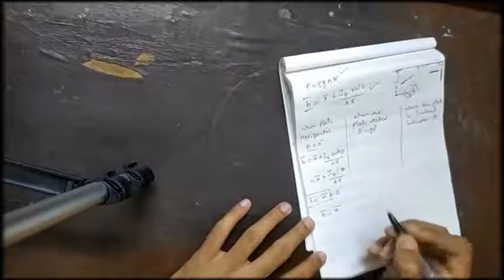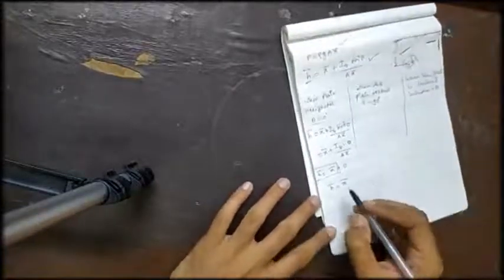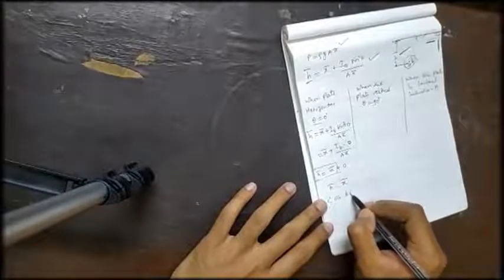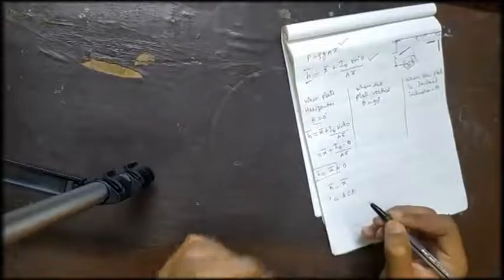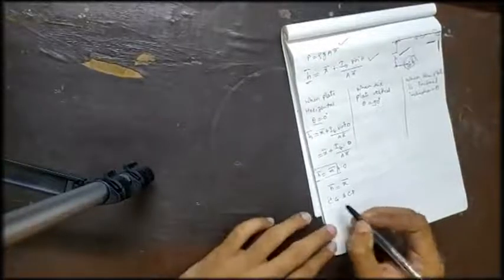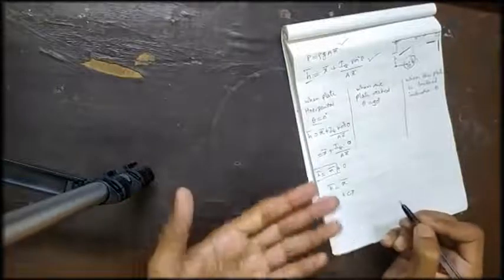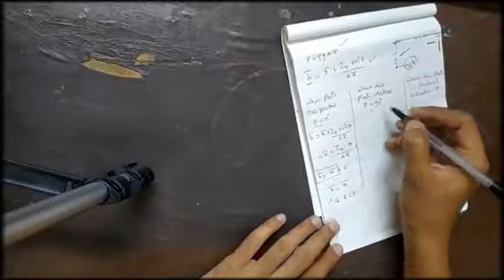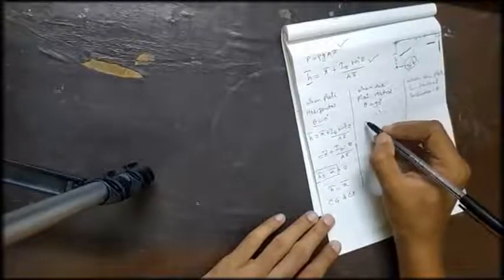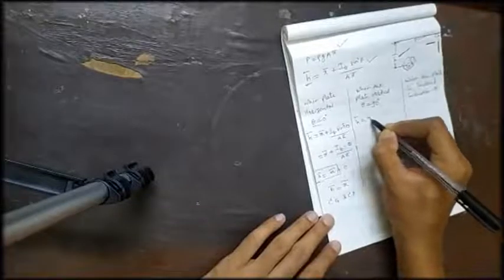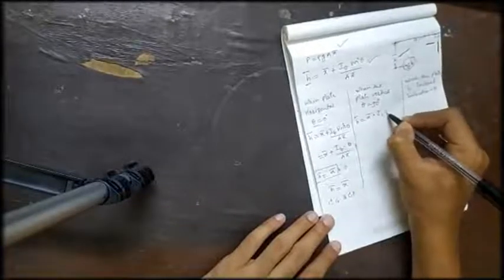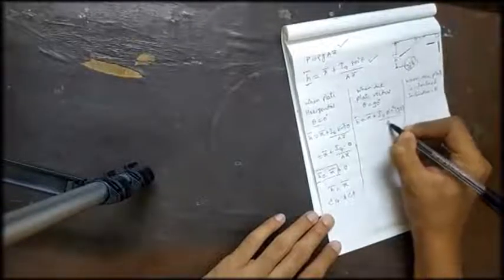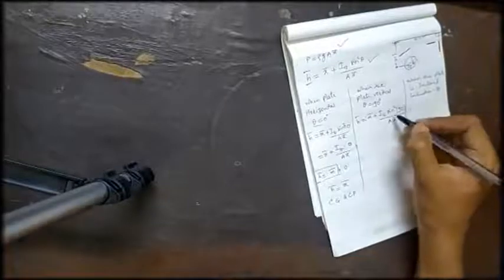The meaning of this is that the CG point and CP point both are same. There is no difference in CG and CP when the plate is horizontal. Now we will go for the second case, that is when the plate is vertical. So h bar is equal to x bar plus Ig sine square of theta, now instead of theta I write 90 degree, divided by A x bar.